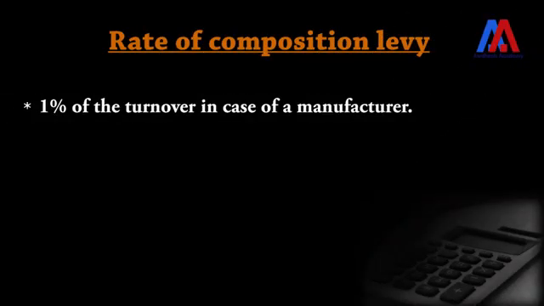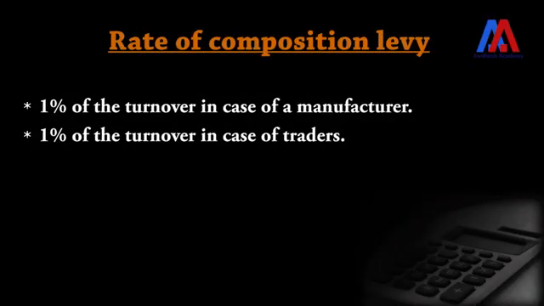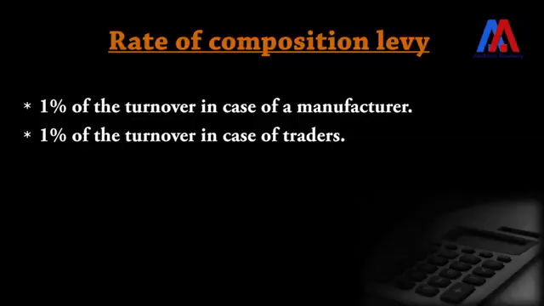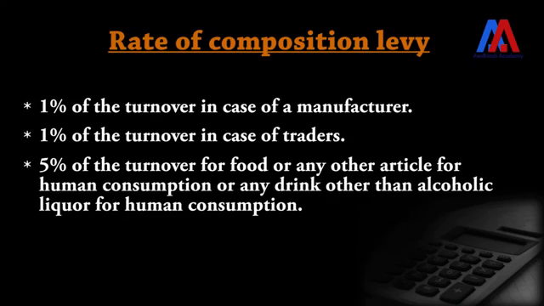Now, the rate of composition levy is quite low. It is 1% for the manufacturer and also 1% for the traders. Earlier the rate was higher for manufacturers. Now it is the same 1% for both categories of composition dealers. There is also a 5% composition levy on the turnover of food or any other article for human consumption or any drink other than alcoholic liquor.